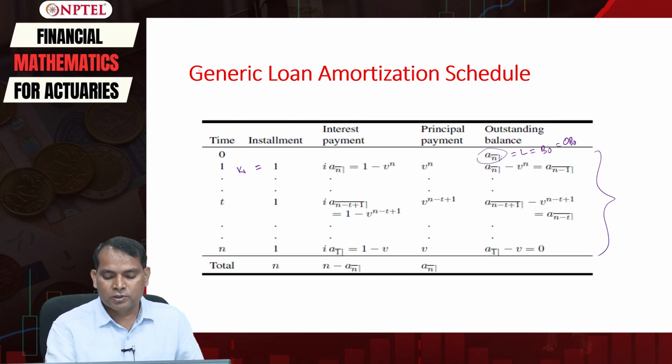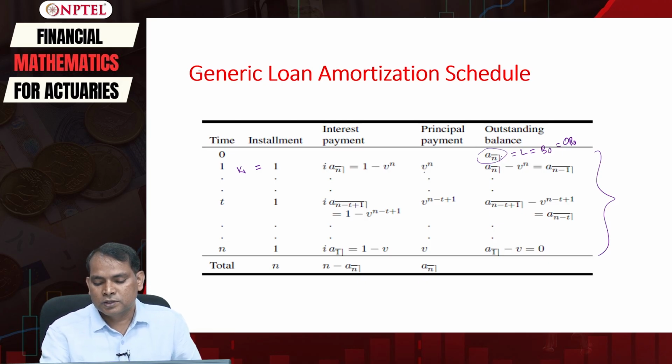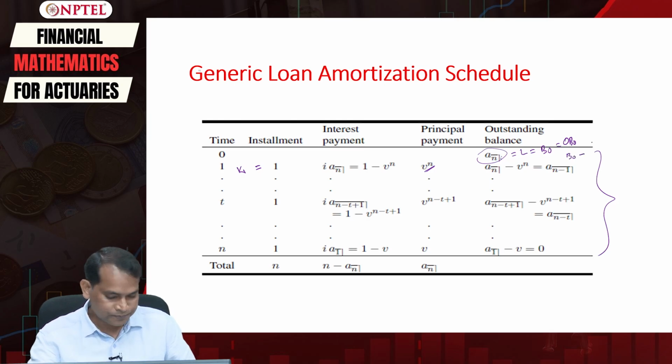Then we subtract this value from the installment you have paid, and what remains goes towards the principal payment, that is v to the power n. The outstanding balance then becomes the outstanding balance at this period minus this, that is B0 minus the principal reduction.